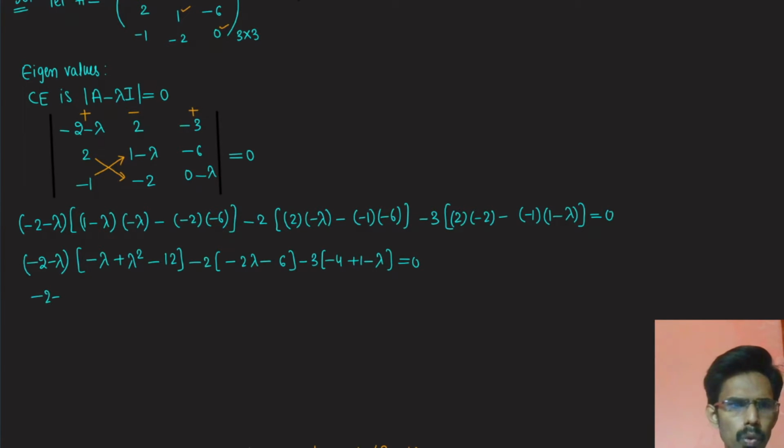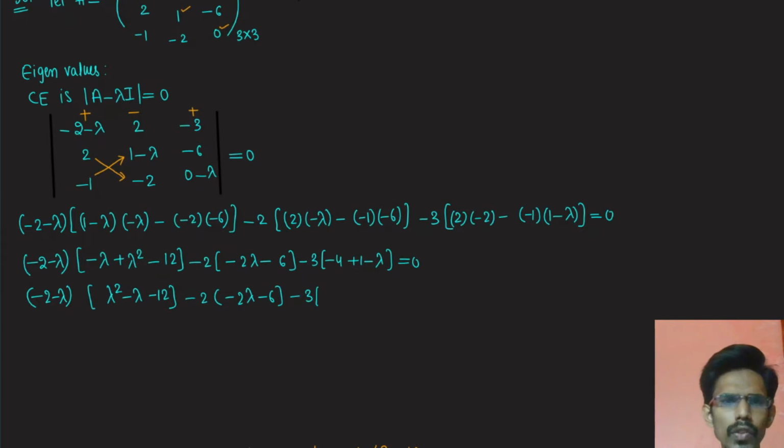Now we have minus 2 minus lambda as it is. Here write down lambda square minus lambda minus 12 in order, highest to lowest. Then we have minus 2 lambda minus 6 minus 3. We have minus 4 plus 1 means minus 3 minus lambda equal to 0. Now multiply this minus 2 to this bracket term, we have minus 2 lambda square plus 2 lambda plus 24.